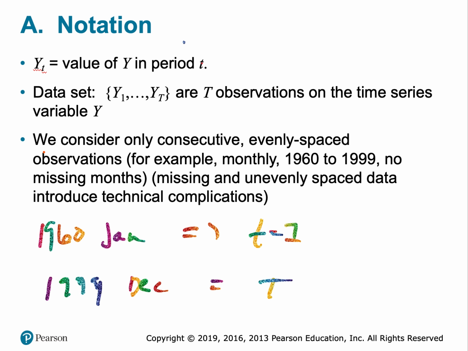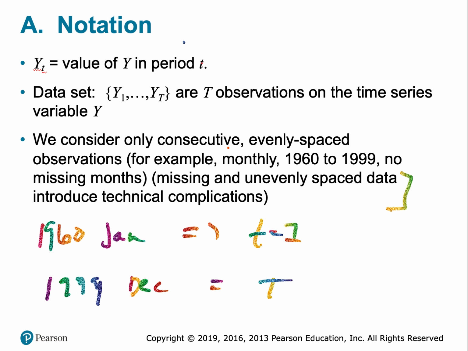We're only going to consider consecutive and evenly spaced observations, so we're not going to consider the cases where we have missing and unevenly spaced data. That would introduce technical complications. So this is the notation. Let's give one more example.